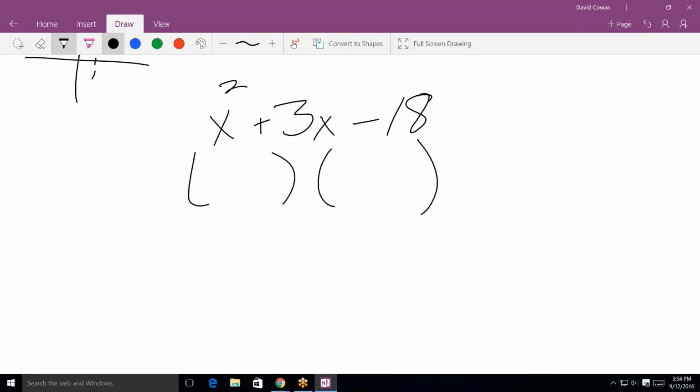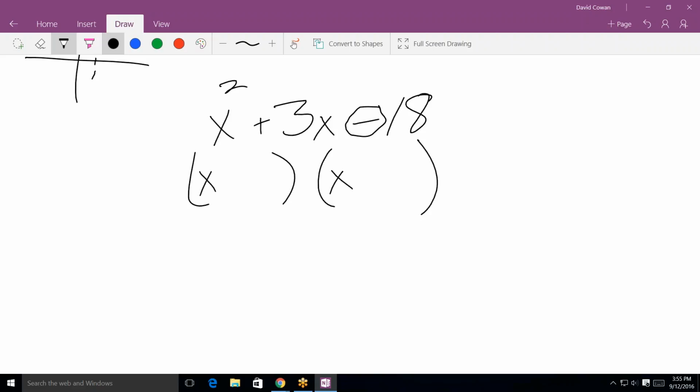So the first step we know is that and that. Step 2? Signs. What are they? Signs are always determined by the sign on the constant, unless it's a plus, and then you know that both signs are the same, and they would have to be the sign of the middle term.